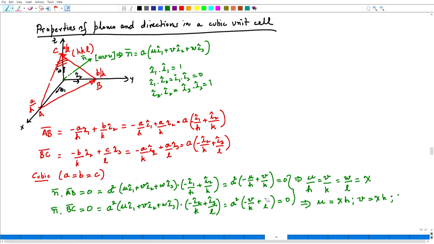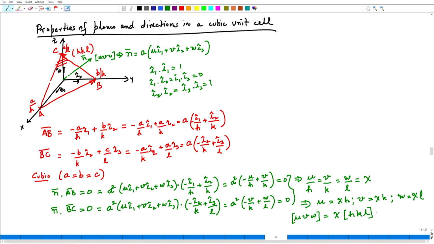Let me write this as W upon L, and similarly W equals chi times L. So, I have now the indices U, V, W in terms of H, K and L. So, in fact, my direction U, V, W can be written as, chi is common, so I can just take it out and I have the direction H, K, L. Now, chi is just a scalar quantity, it is a constant.